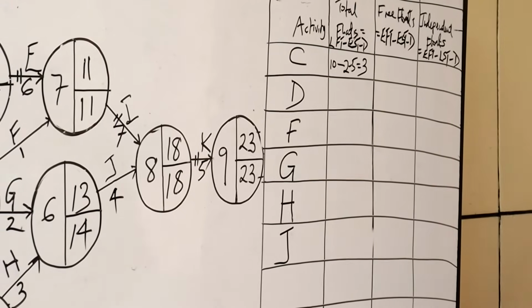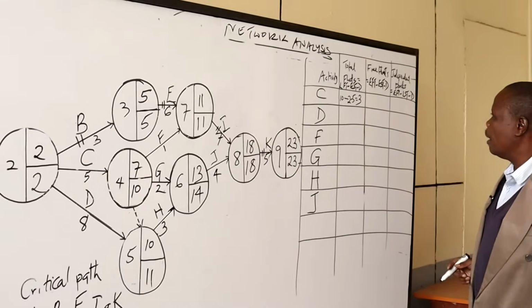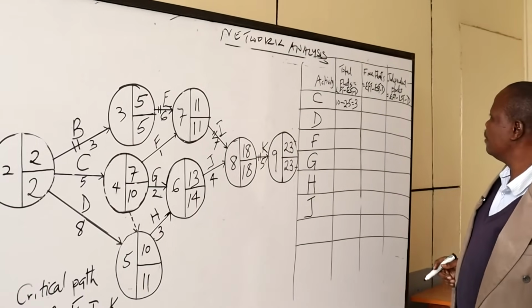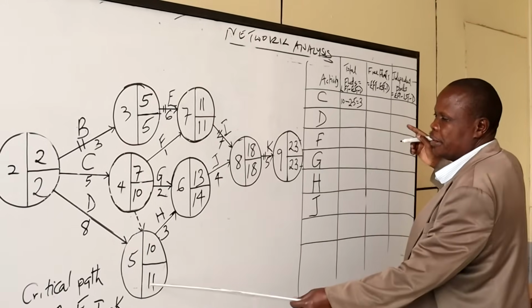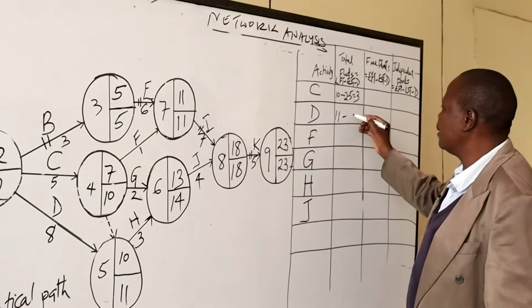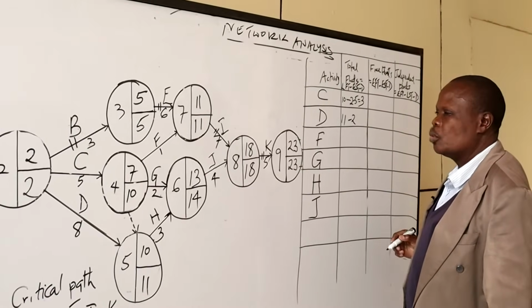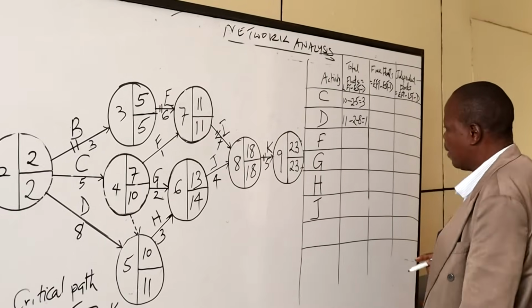So we go to D. We are still on total float. Latest finishing time for D is 11, minus earliest starting time for D, which is 2. Then duration for D is 8, and that is 1 day.